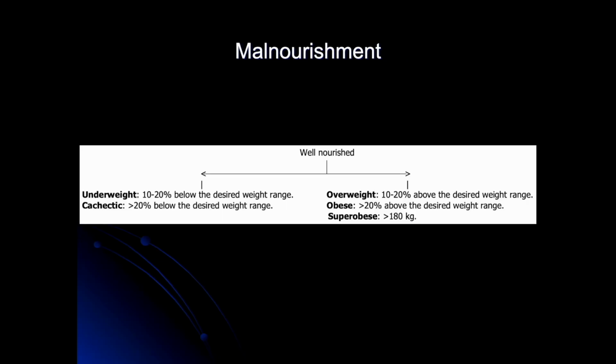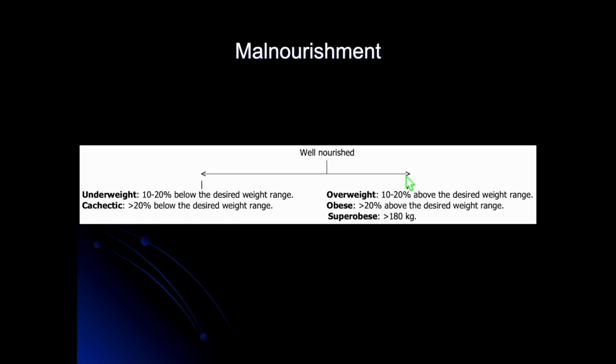These are the criteria of various types of malnourishment on the basis of body weight. The desired normal body weight ranges are available in height and weight tables. If the body weight is between 10 and 20% below the desired weight range, the patient is said to be undernourished. If the body weight is more than 20% below the desired weight range, the patient is said to be cachectic.